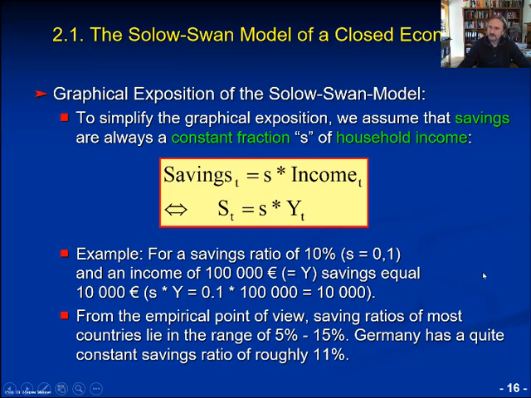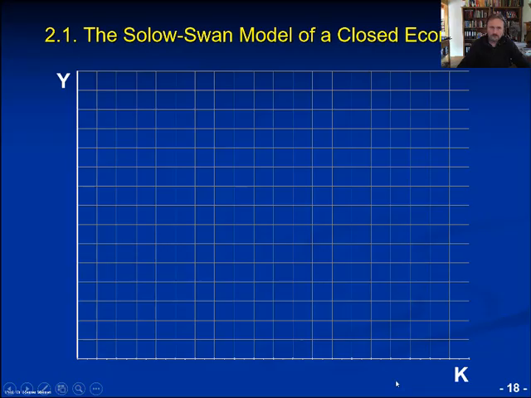Okay, this is one simplifying assumption. So the potential effect of the interest rate on savings is neglected. This is only a simplification. The Solow-Swan model is presented now in a GDP physical capital diagram.